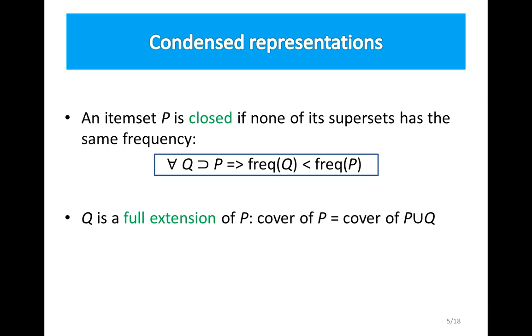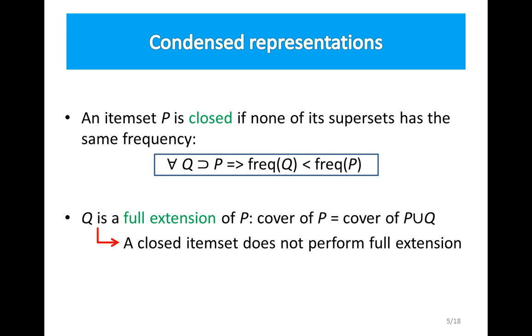We say that an item set Q is a full extension of an item set P if the cover of P is equal to the cover of P union Q. It means that we can extend the item set P with Q without changing its cover. So a closed item set does not admit a full extension.